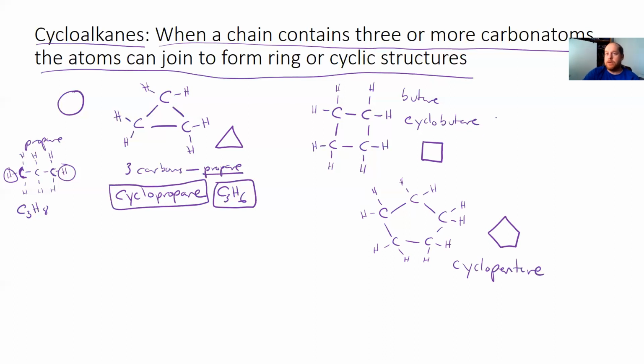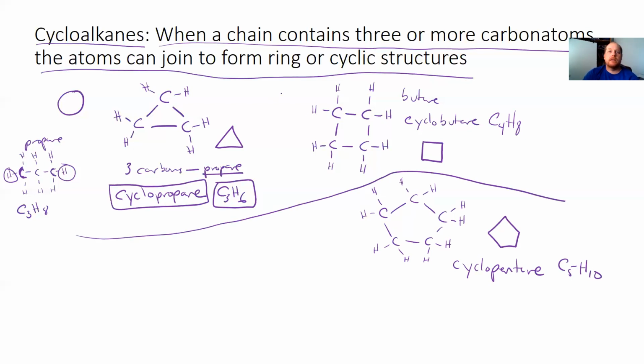And so cyclobutane will be C4H8, cyclopentane will be C5H10. And then the last of these that we'll look at right here is going to be cyclohexane.